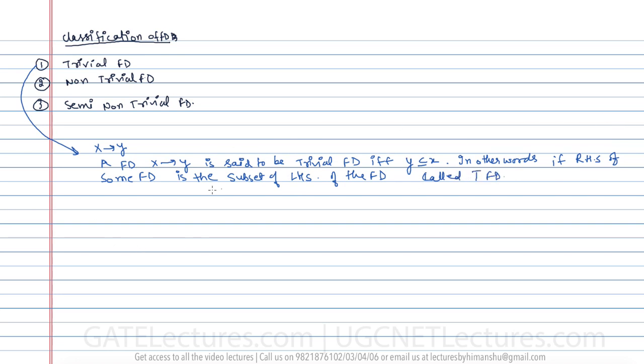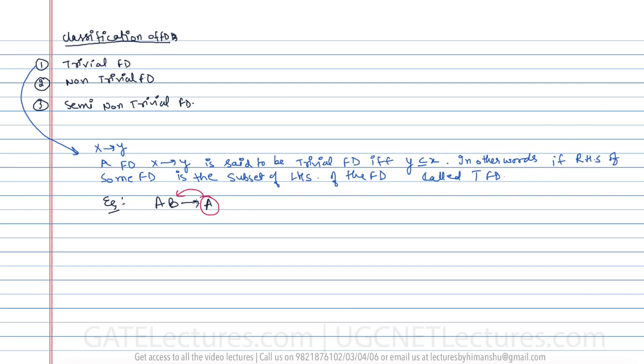For example, if I say AB determines A, in this case the right hand side contains A, and A is purely a subset of AB, therefore it is a trivial functional dependency.